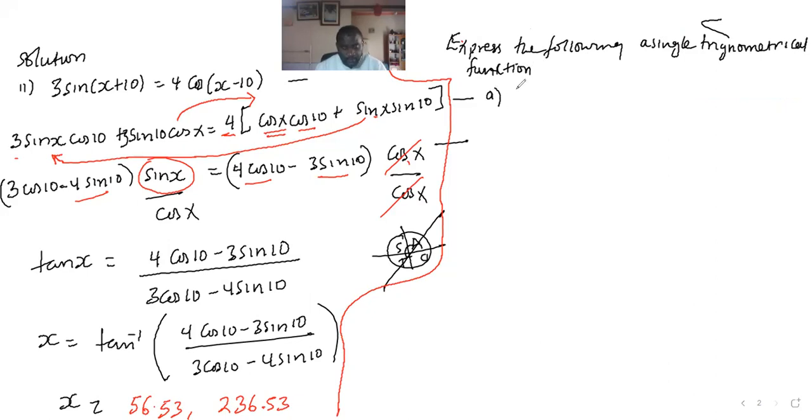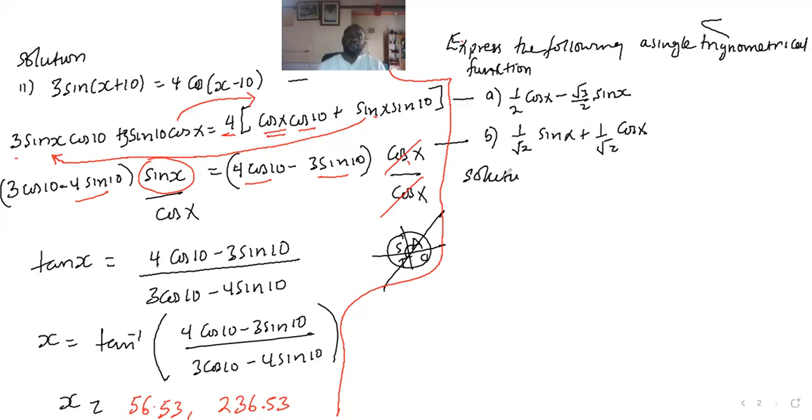A: 1/2 cos x minus √3/2 sine of x. B: 1/√2 sine of x plus 1/√2 cos of x.